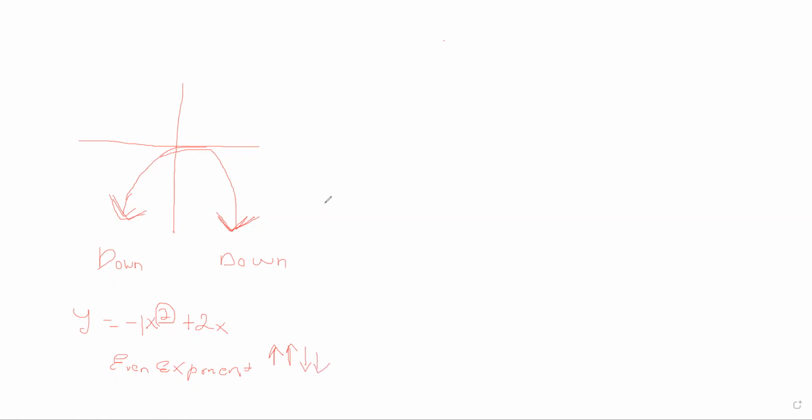For example, the parent function y equals x squared has a positive, even exponent, so this time the end behavior is going to be up.